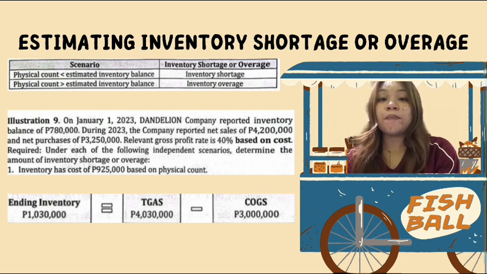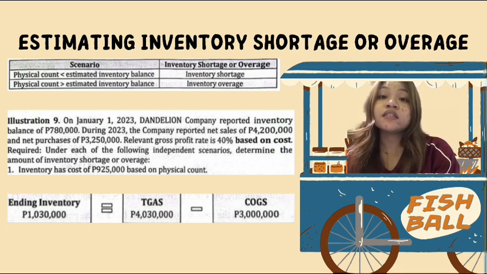Now, we compare. Since the physical count balance is 925,000, which is lower than the ending inventory of 1,030,000, the estimated ending inventory using the gross profit method shows an inventory shortage. The shortage is 105,000. To get the 105,000, we take 1,030,000, the ending inventory, minus the physical count of 925,000, giving an inventory shortage of 105,000.